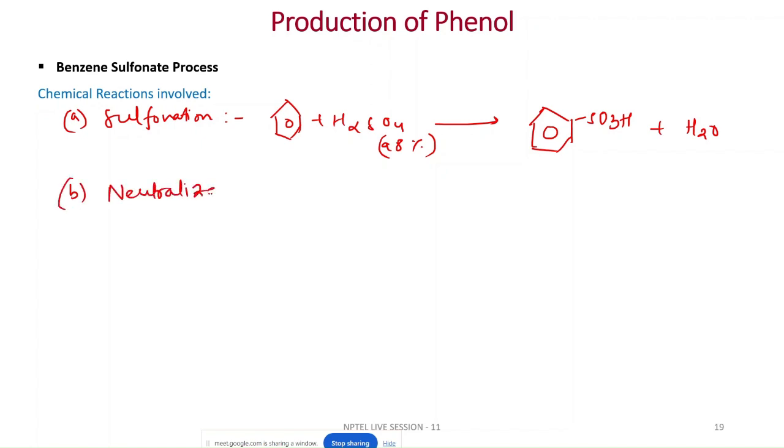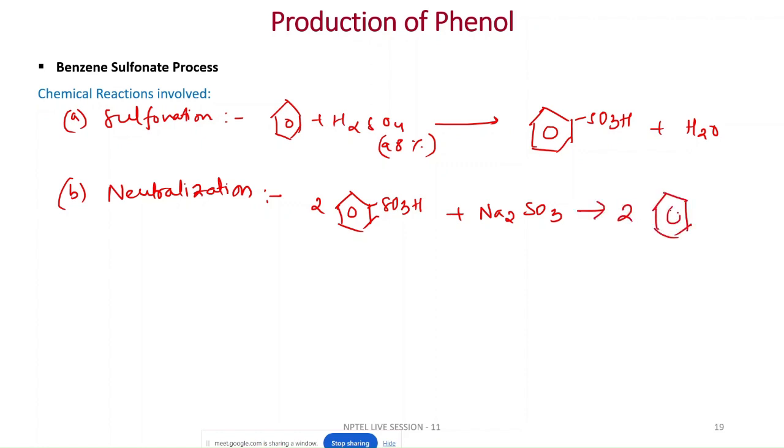Next part is the neutralization process, where the benzene sulfonic acid reacts with Na2SO3. It produces sodium benzene sulfonate.